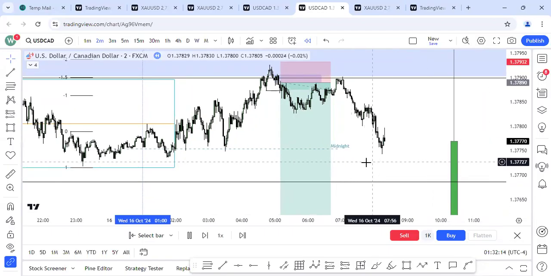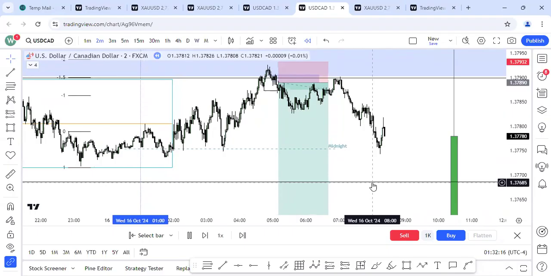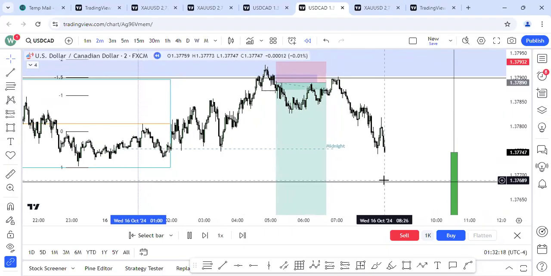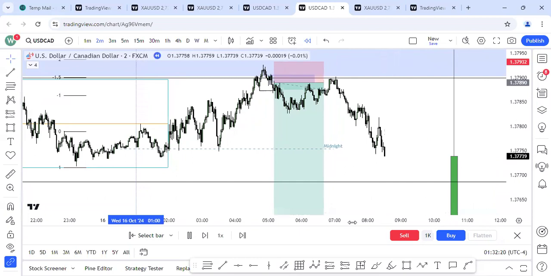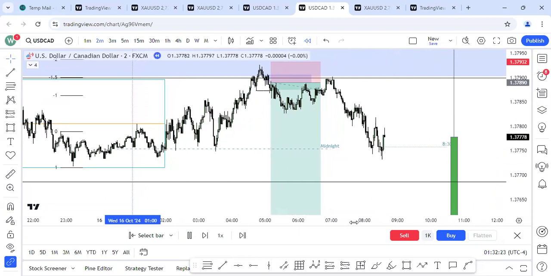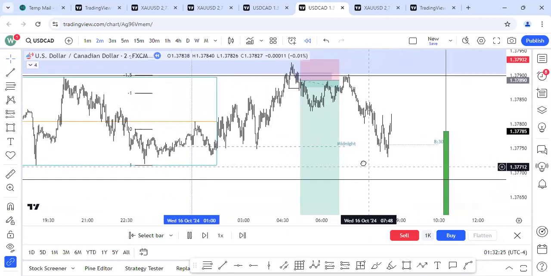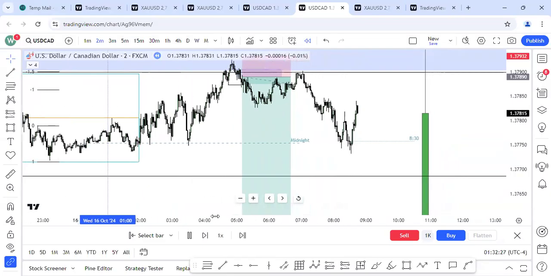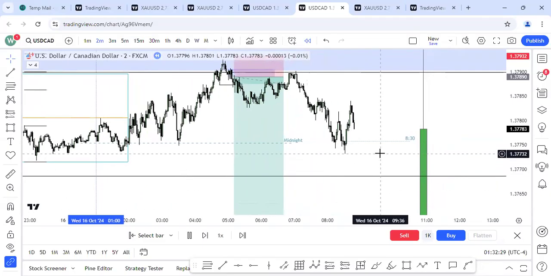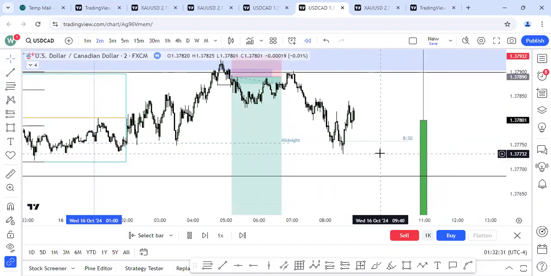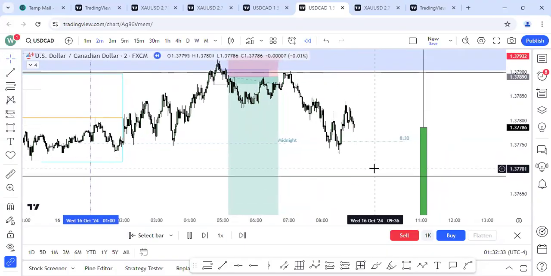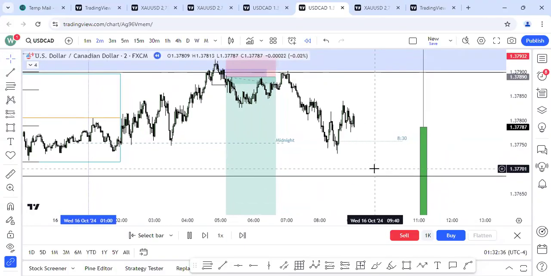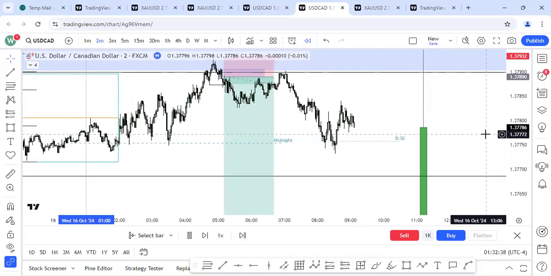The first target here is to take the 5 p.m. 4 hour candle. That's the first target. But I didn't really take partials from this trade because I was very, very certain about it.